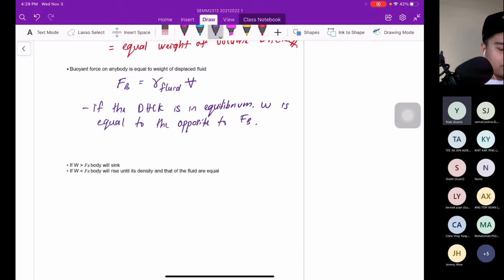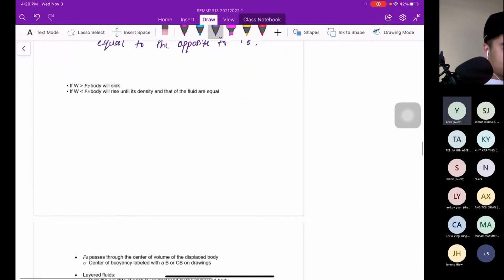Okay, I will explain later on. For example, if the weight of the body is more than the buoyancy force, the body will sink.